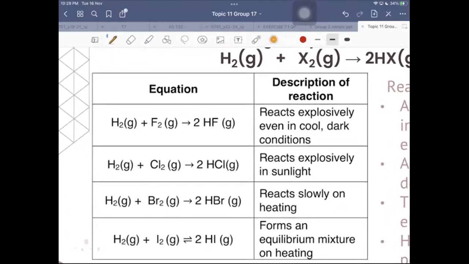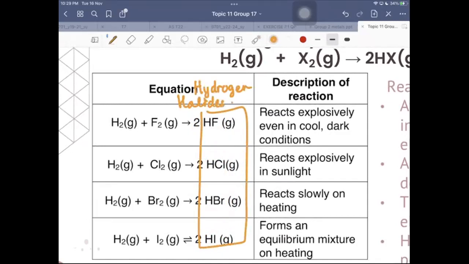When halogens react with hydrogen, they form what is called a hydrogen halide. So hydrogen halides are hydrogen fluoride, hydrogen chloride, hydrogen bromide, and hydrogen iodide. These are all examples of hydrogen halides, or sometimes also called halogen hydrides. Okay, they're both the same name.